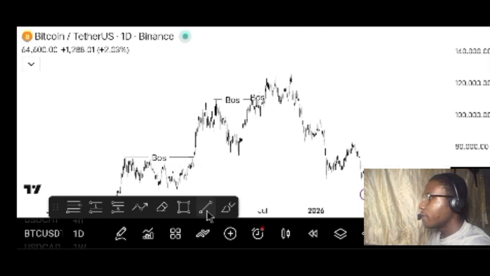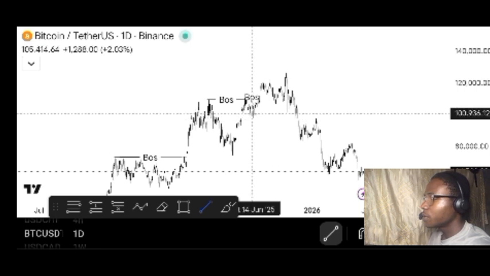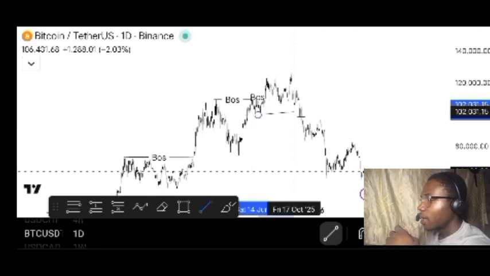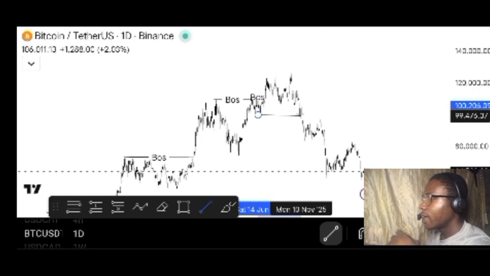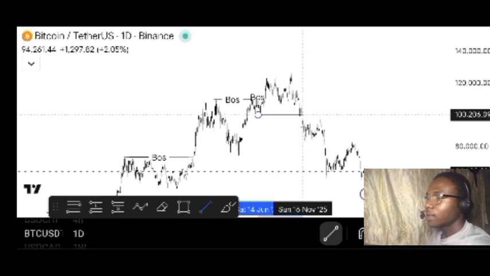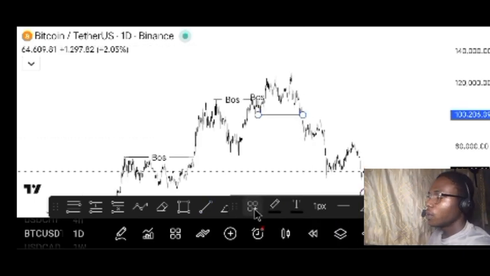So after all this, forming break of structures, let me show you guys something. See, price was making a higher high, higher low, higher high, higher low, just creating break of structure. This is the last higher low.